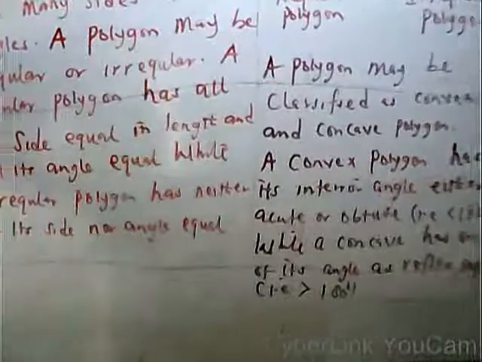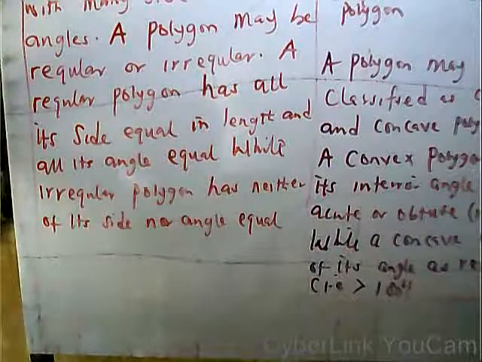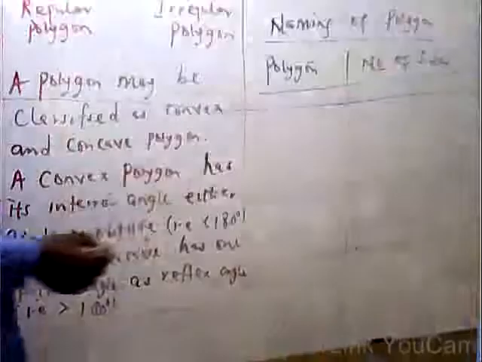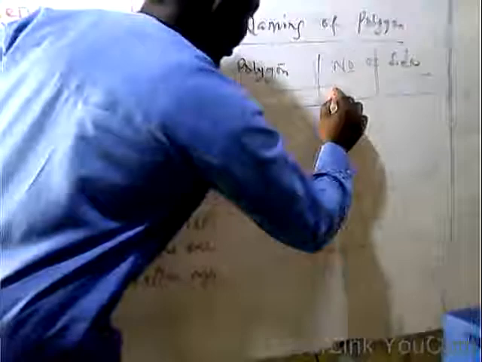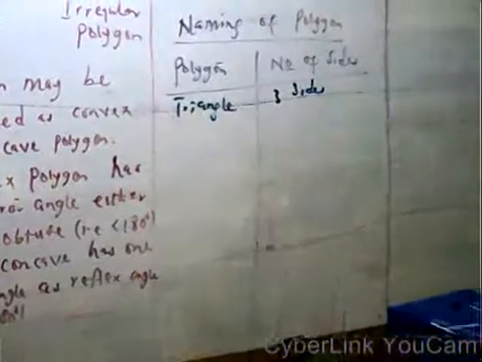Now, let's move to naming of polygons. We can name our polygon based on the number of sides it contains. For instance, a polygon with 3 sides is called a triangle.